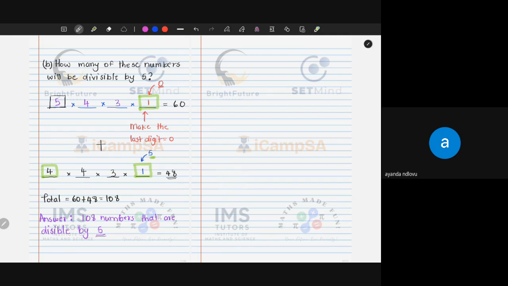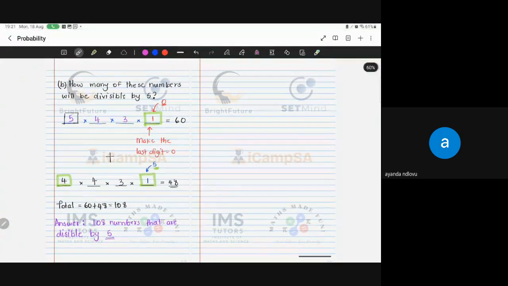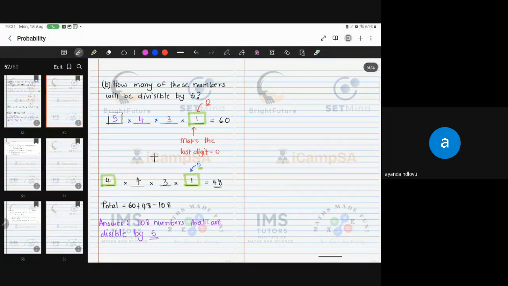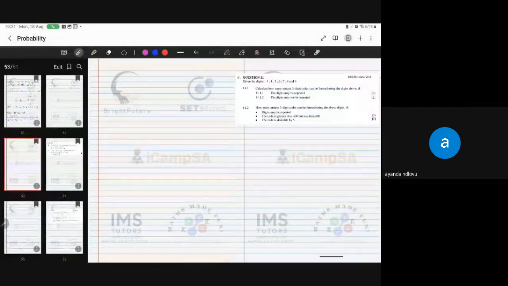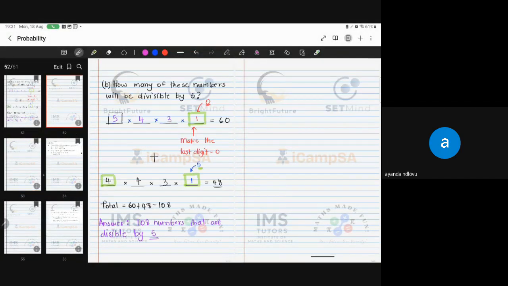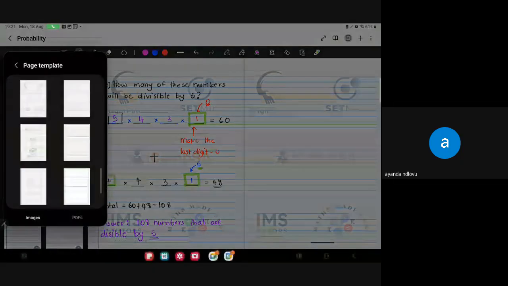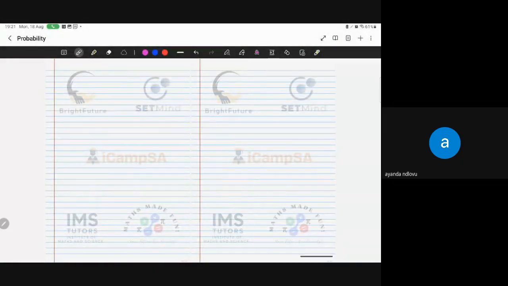So there's something that I want to introduce you to, which your teachers call permutations. So let's have a look at what they are and why we should even care about them.